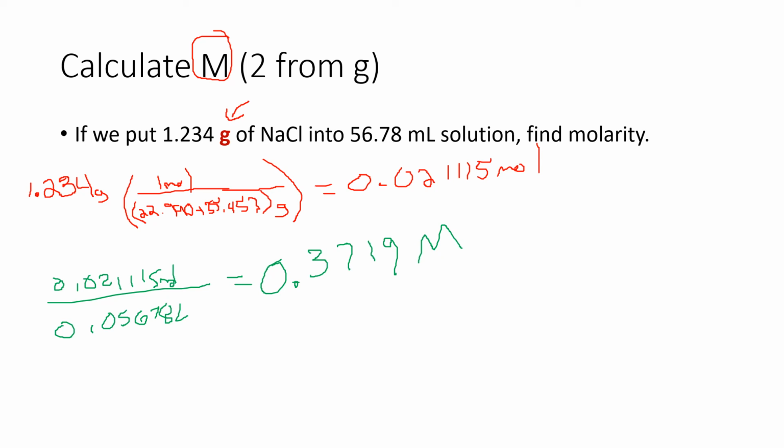All right, so instead of 20 molar, I'm looking at 0.4 molar. So make sure you can calculate that given moles or given grams. If you don't understand what I did differently, we need to talk. It has to do with converting it to the moles in the first place.